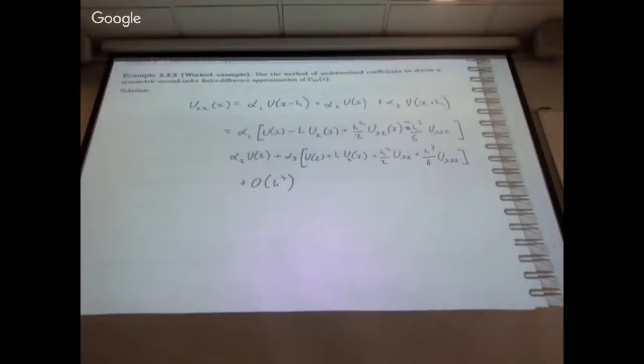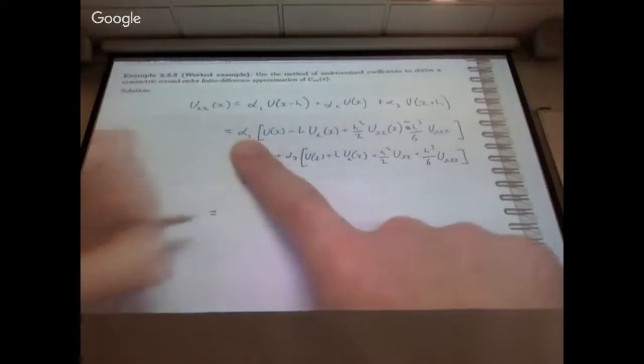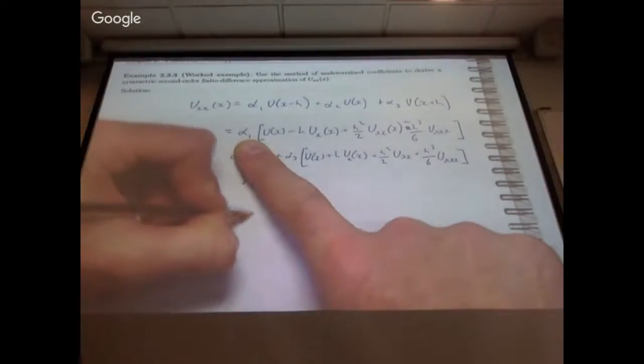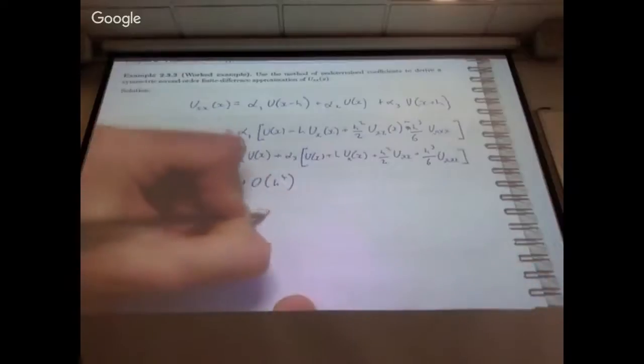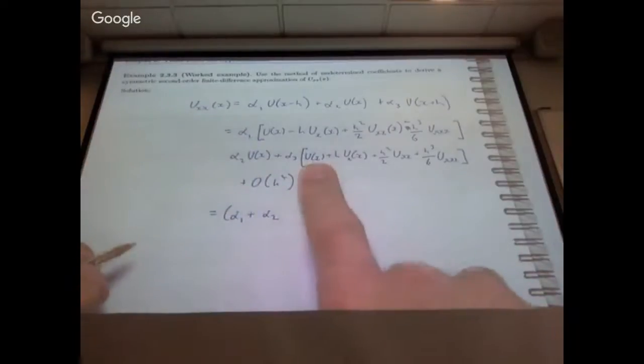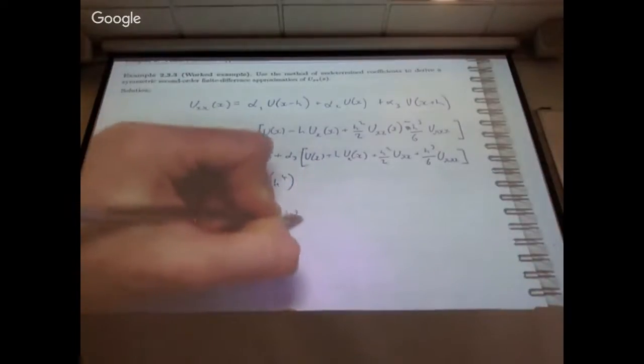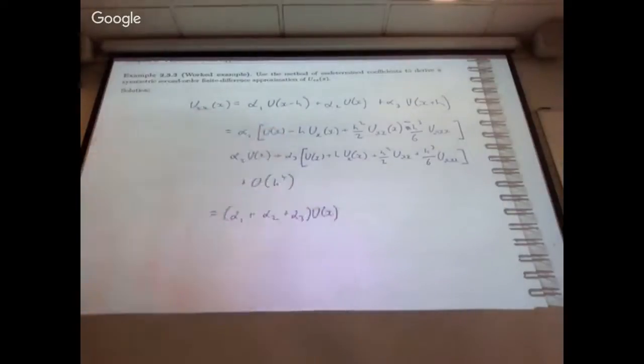So my next step is to factorize out the ux and the derivatives of ux. If I take the ux's first, I've got alpha 1 there, I've got alpha 2, and I've got alpha 3. That's just taking out the ux's to start. Now I'm going to take out the first derivative.